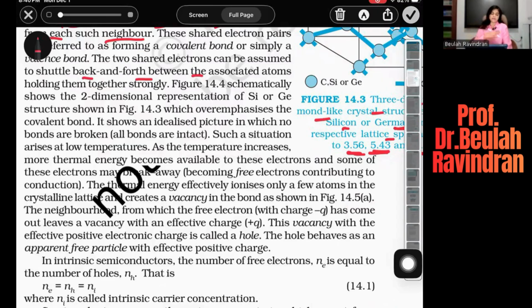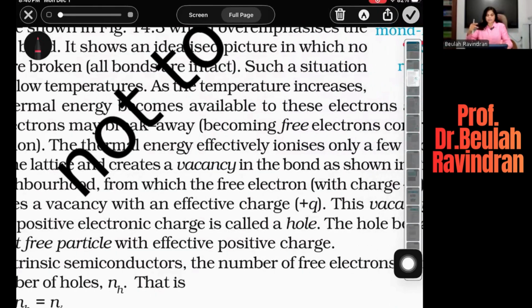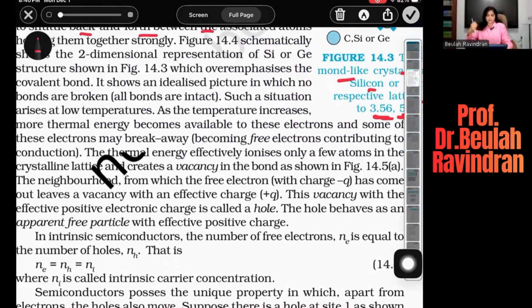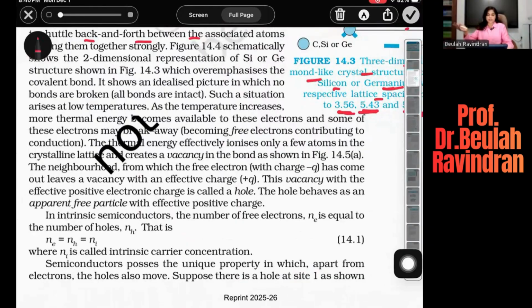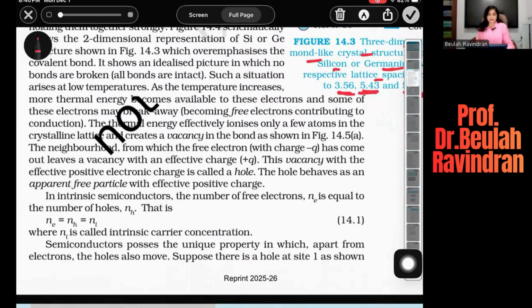As the temperature increases, definitely thermal energy becomes available to these electrons, and some of these electrons may actually break away by absorbing the thermal energy and become free electrons, contributing to the conduction. Got it? This is what is happening. The thermal energy effectively ionizes only a few atoms in the crystalline lattice and creates a vacancy in the bond.